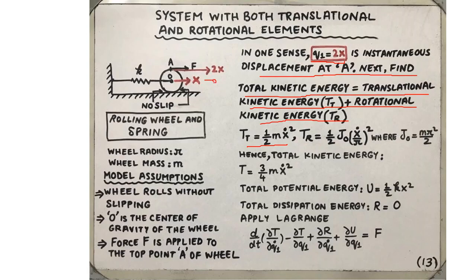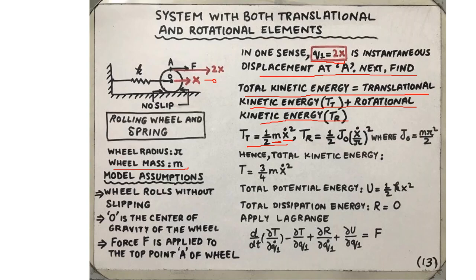Therefore, in order to write down the expression of translational kinetic energy, as seen several times before, we need to know the mass of the wheel. And the center point of the wheel can be simply taken as the center of mass of the wheel. So we can just say half times m, where m is the mass of the wheel, times the velocity squared. The velocity is simply the derivative of displacement x.